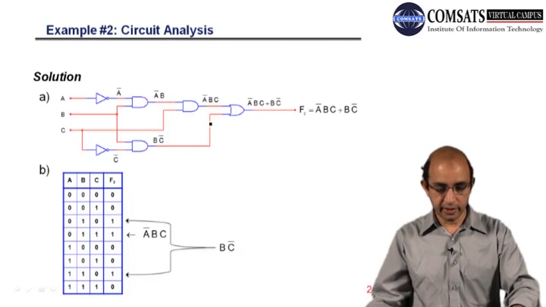You can see that we have the final Boolean expression, F2 is the output, so we will be having 8 different combinations of inputs, and we will be computing the output.